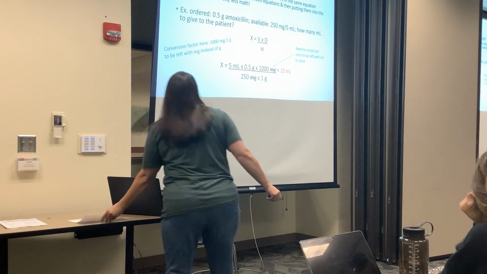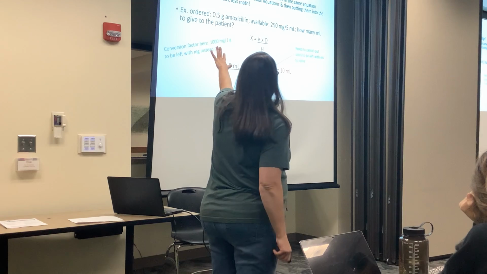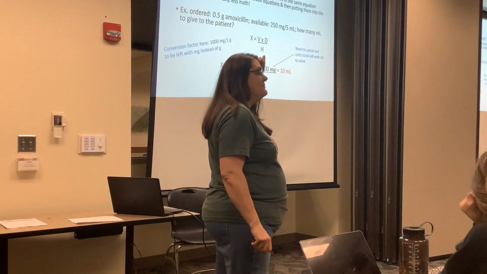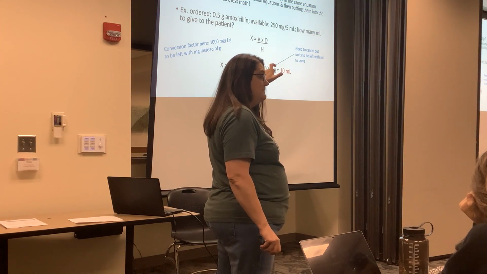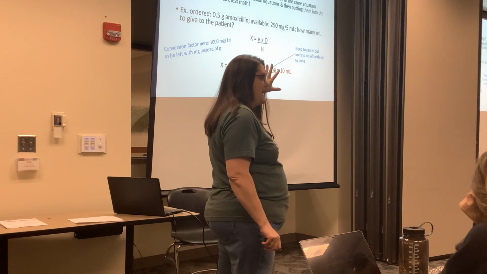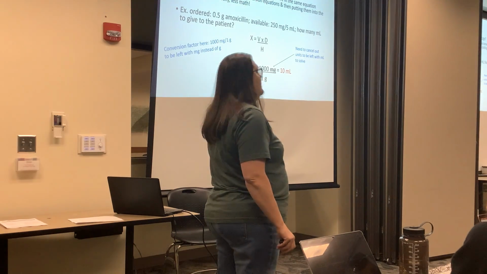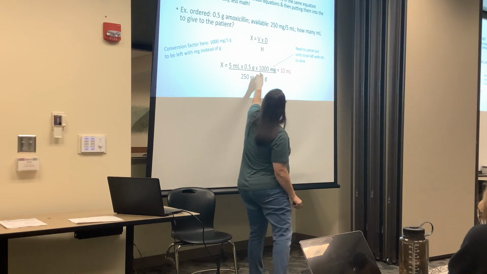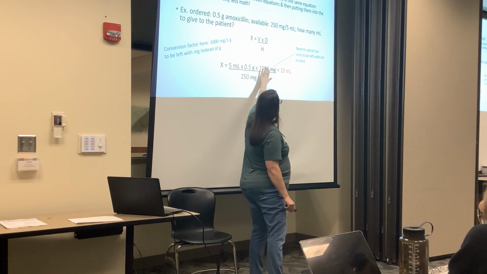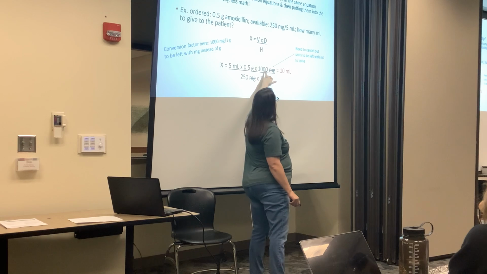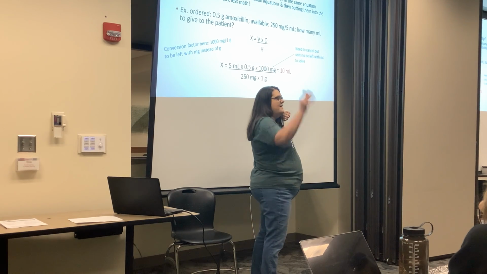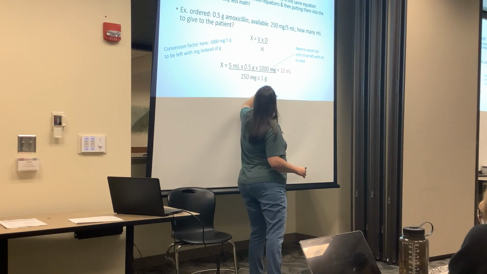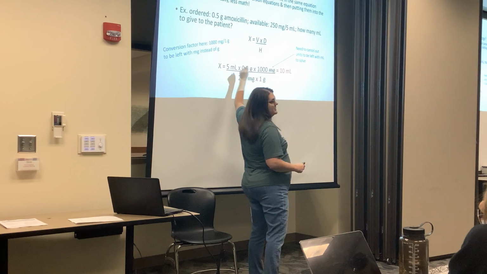If the order was written in 0.5 grams, that's still 500 milligrams. Does that make sense to everybody? But it's written in 0.5. So I could just add in 1,000 milligrams, or 1 gram is 1,000 milligrams, and then I could still mark everything out and end up with just my mL.